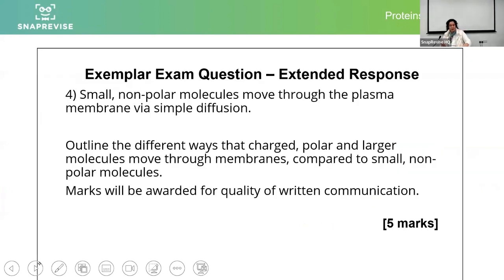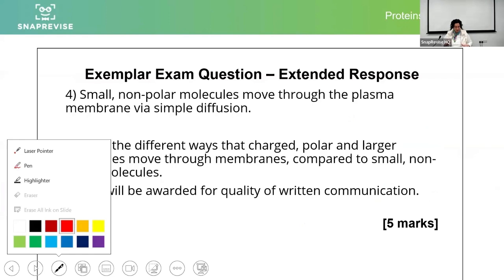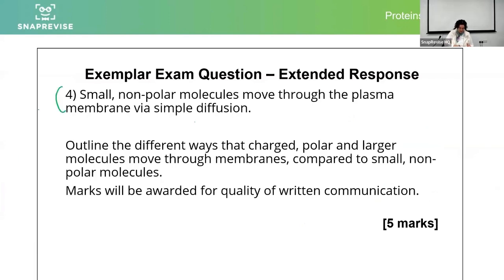Let's see a typical question. Small nonpolar molecules move through the plasma membrane via simple diffusion. So this is my context, and it's also something that I'm not going to repeat in my answer, as we said before, from the examiner's reports.